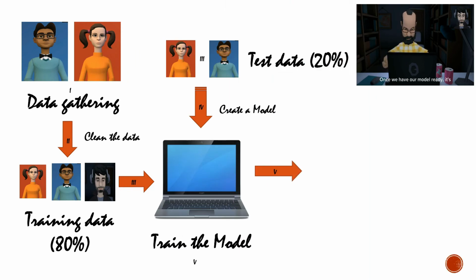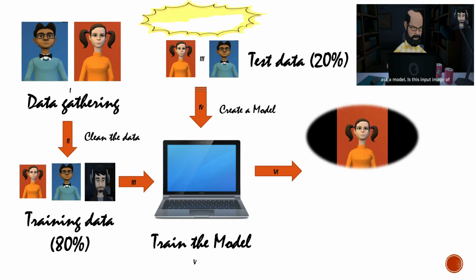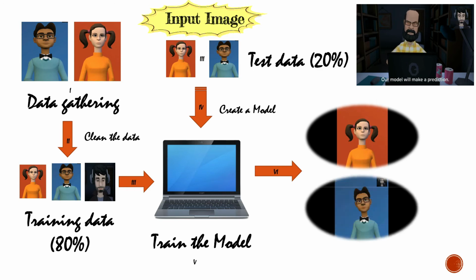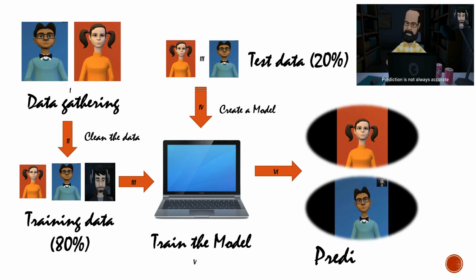Once we have our model ready, it's time to make predictions. We will ask the model, is this input image of Julia or Samir? Our model will make a prediction. Prediction is not always accurate in the beginning. So to make it most accurate, we evaluate the prediction and measure its accuracy.